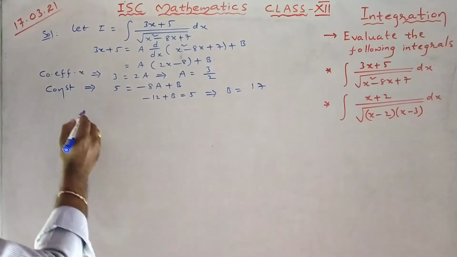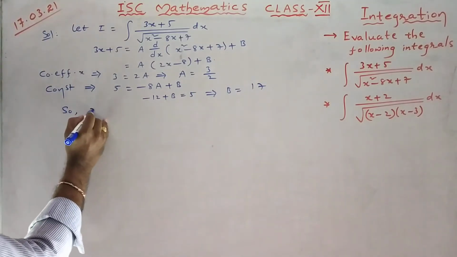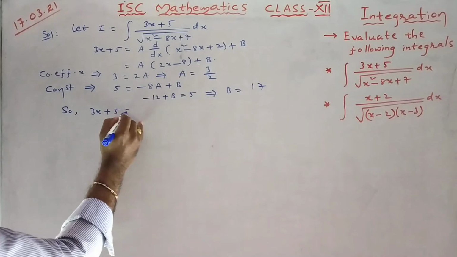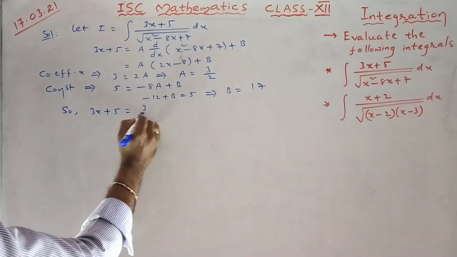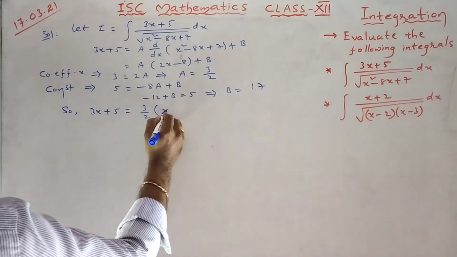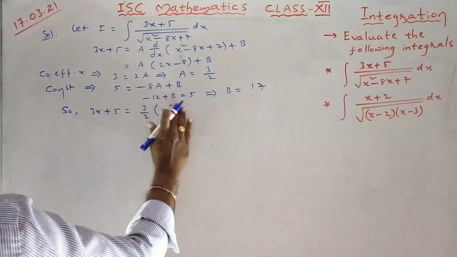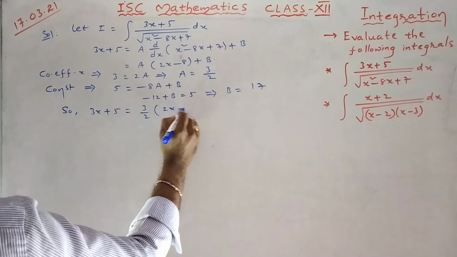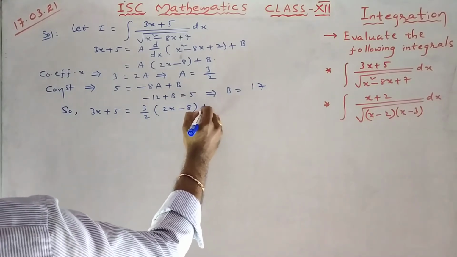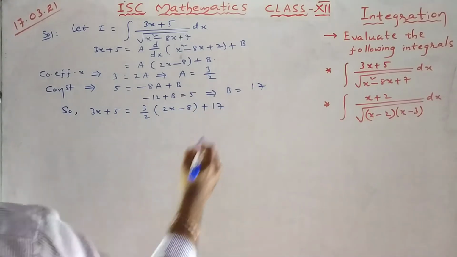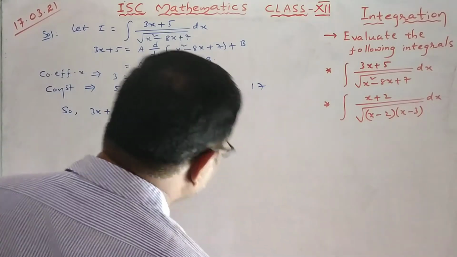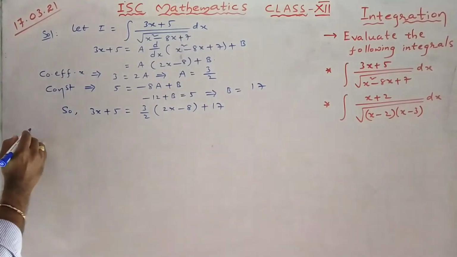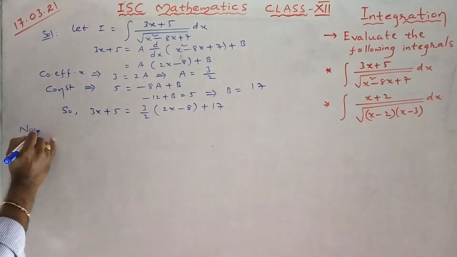So we can write the numerator as 3 by 2 times (2x minus 8) plus 17. Now I will take the given integral.